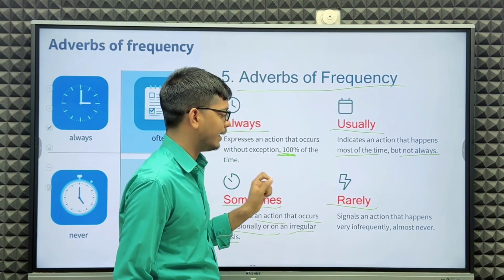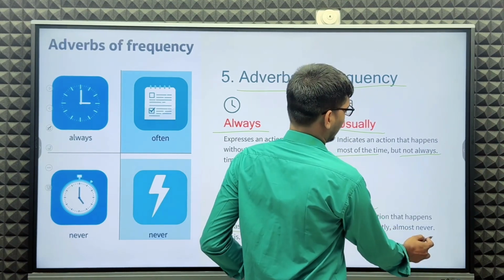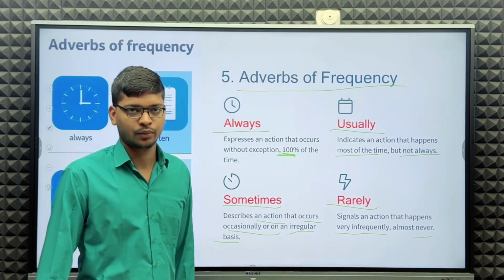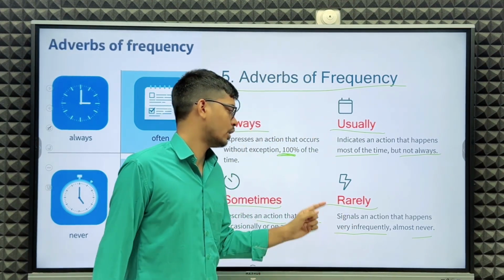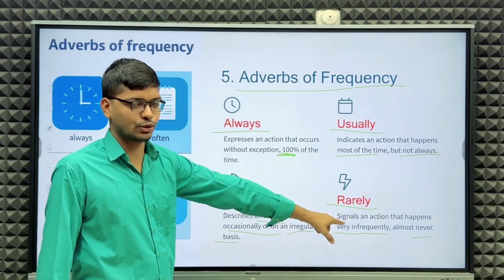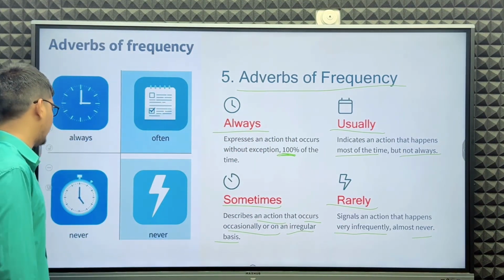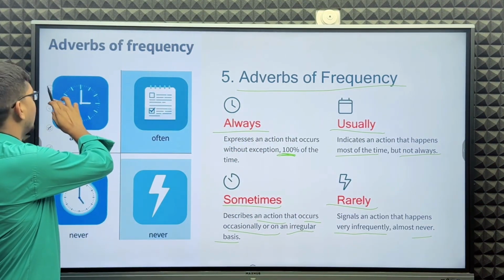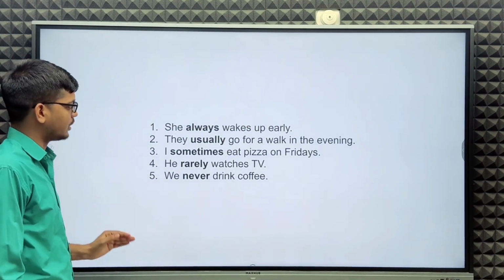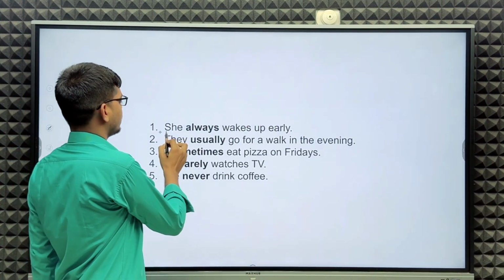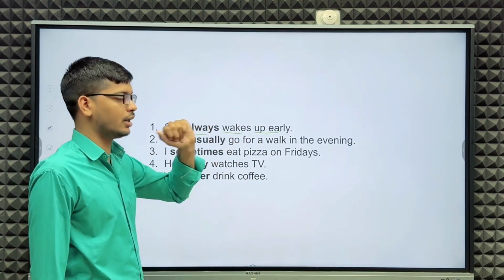Rarely signals an action that happens very infrequently, almost never. Even then, we can use simple present tense in this situation. Rarely, sometimes, usually, and always. Okay, so let's see examples. First example: she always wakes up early.